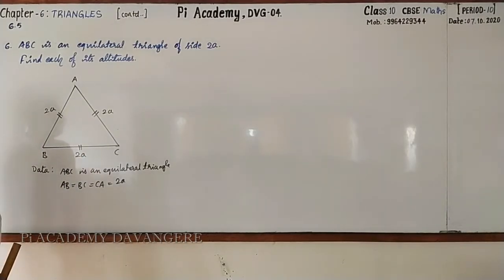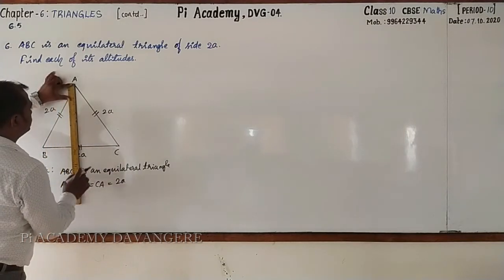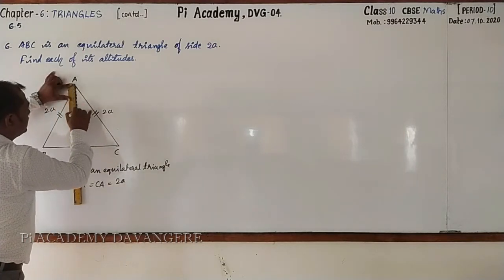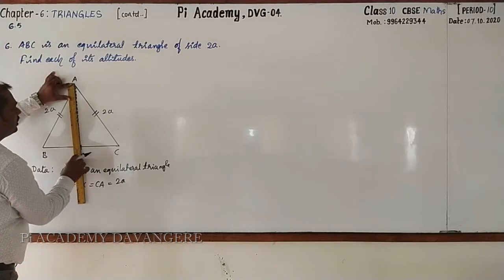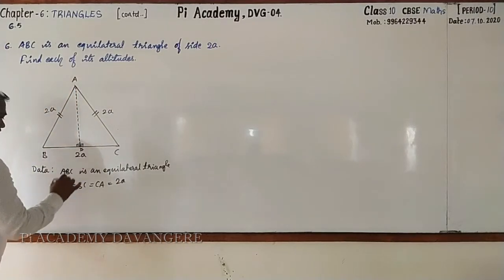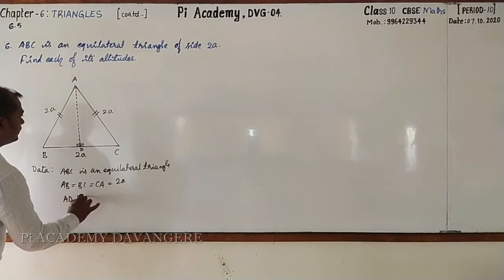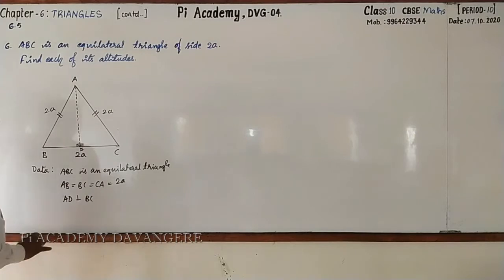Then to prove, what are we going to prove? We have to find out the length of each altitude. Hence, we shall go for drawing the altitude. We know that in an equilateral triangle, all the altitudes are equal. Here, AD is perpendicular to BC.